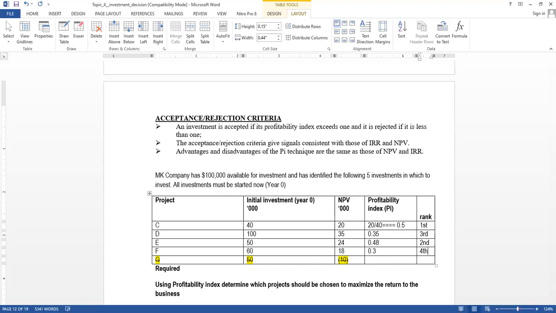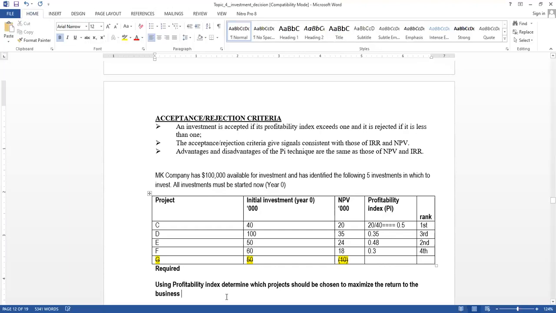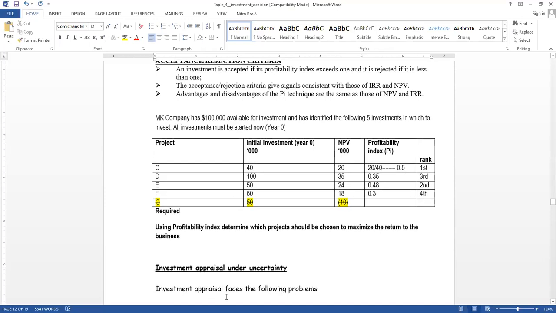Okay. And as I undertake them, of course, I also need to consider the available funds.